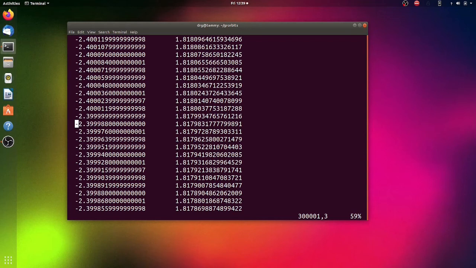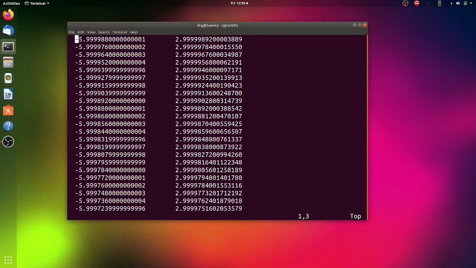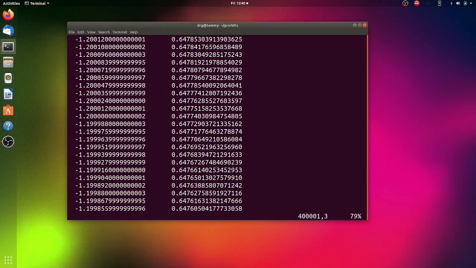Even so, if you look at it, I'm only 59% of the way through this file, so I'll go up to the top and then drop down 400,000 lines. Things are beginning to go sideways in a serious way now.